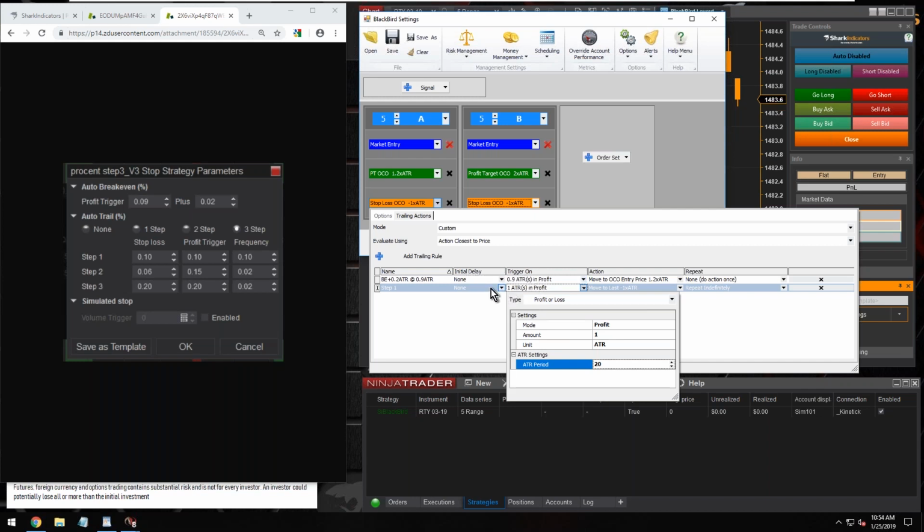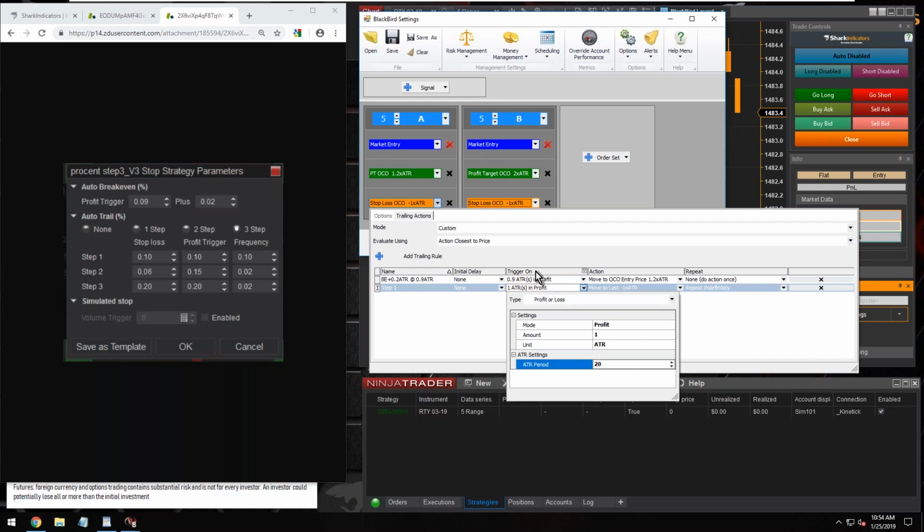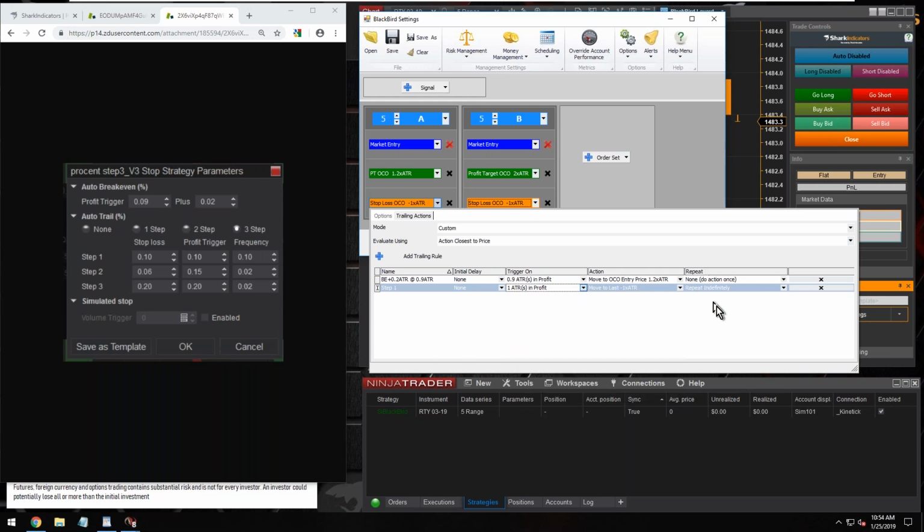But the delay doesn't have ATRs in here yet, so we're using the trigger column to calculate that profit trigger. And then the frequency column, well, that's the repeat column here in BlackBird, right? Repeat is another way of saying the frequency of how often a trailing roll should be evaluated, right?